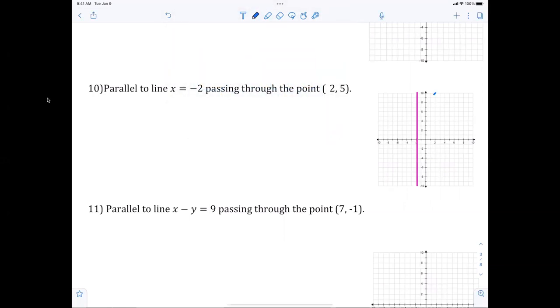Vertical. Because it's parallel. So then the equation of that would be x equals 2. All right, hopefully you're understanding. X equals 2. Anybody have any questions with that? Anybody have any questions? Oh, thank you very much. Appreciate it.